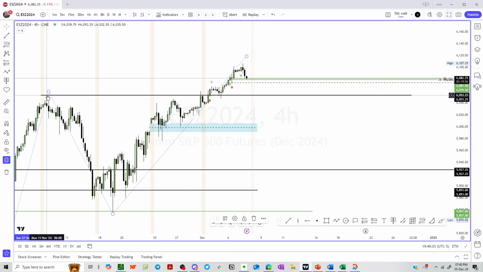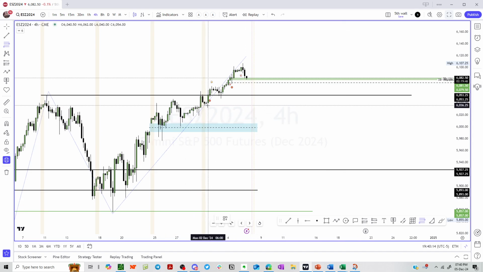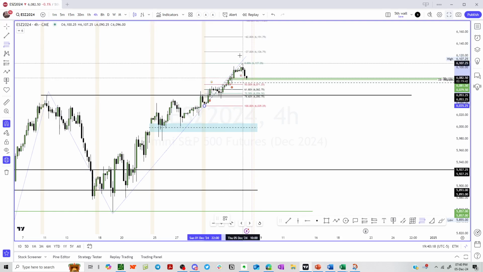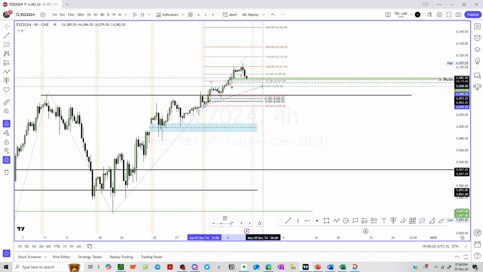This is a high time frame key level on a 4 hour, but this is a weekly high right here. It's the weekly high. So we have a swing low. Let's magnetize it.